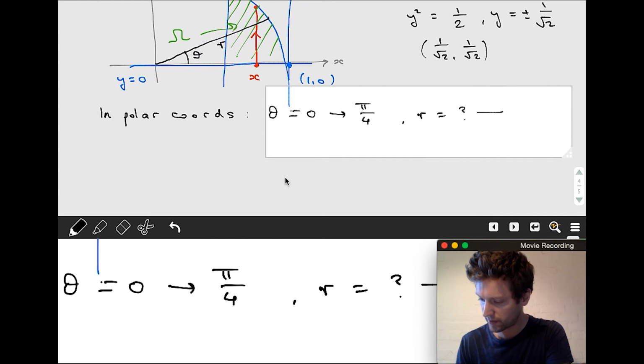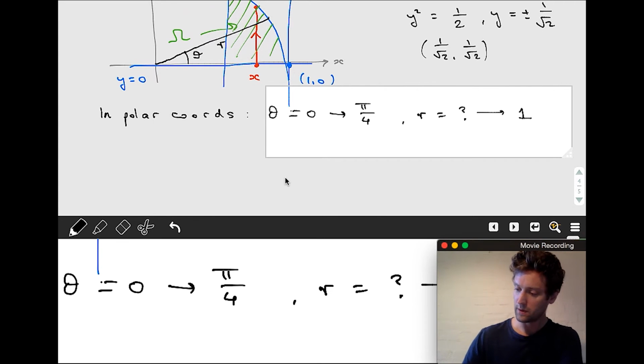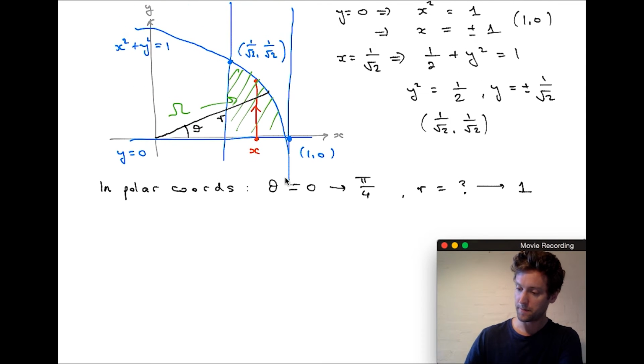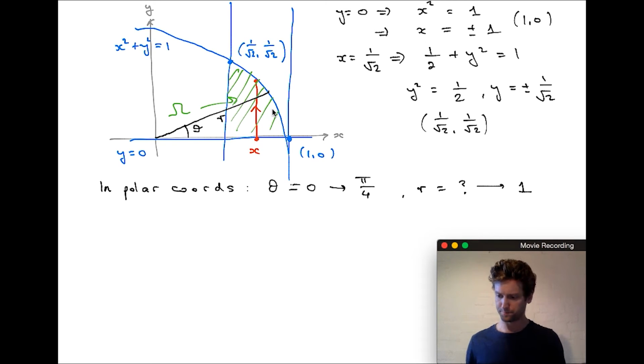But we need to figure out what's the correct form for that first limit of integration. So it's going from the line corresponding to x is equal to 1 over root 2 and ending at the point x squared plus y squared is equal to 1. So r is equal to 1.